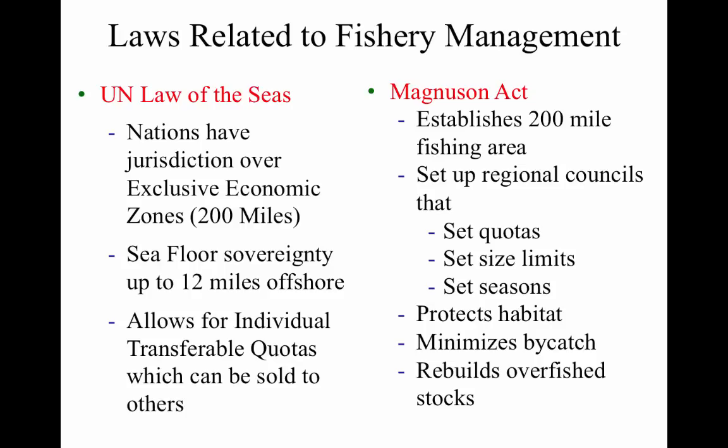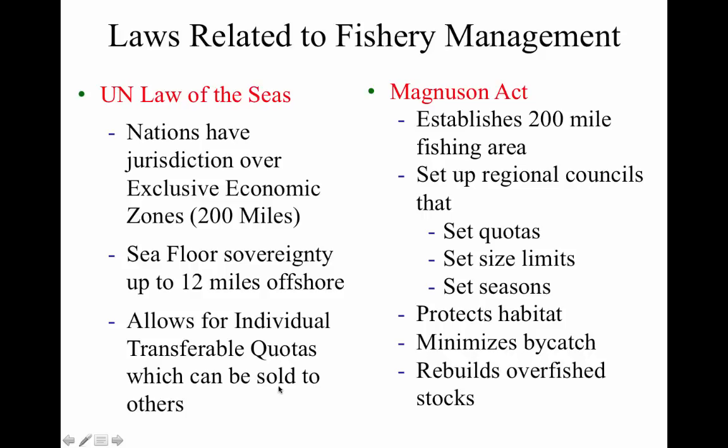Seafloor, nations have up to 12 miles, and that's just talking about the seafloor, not exactly the exclusive economic zone, but nations really own up to 12 miles off the beach there. And they do allow for transferable quotas, which can be sold to others.